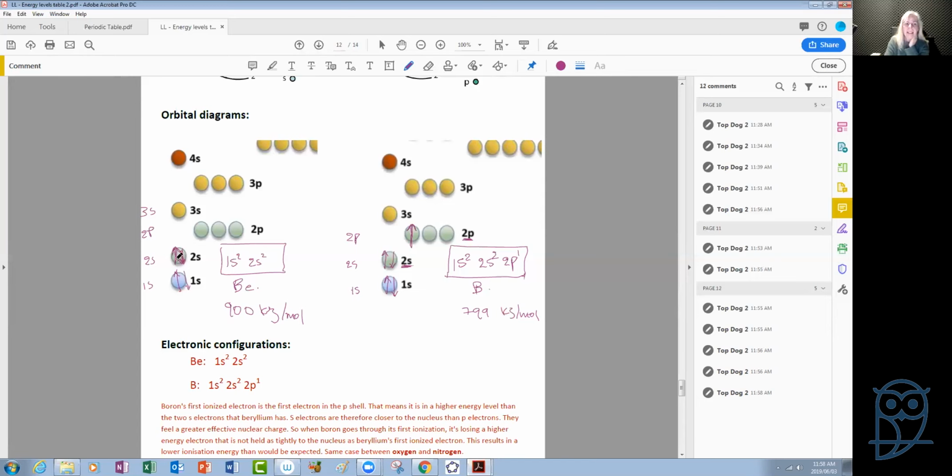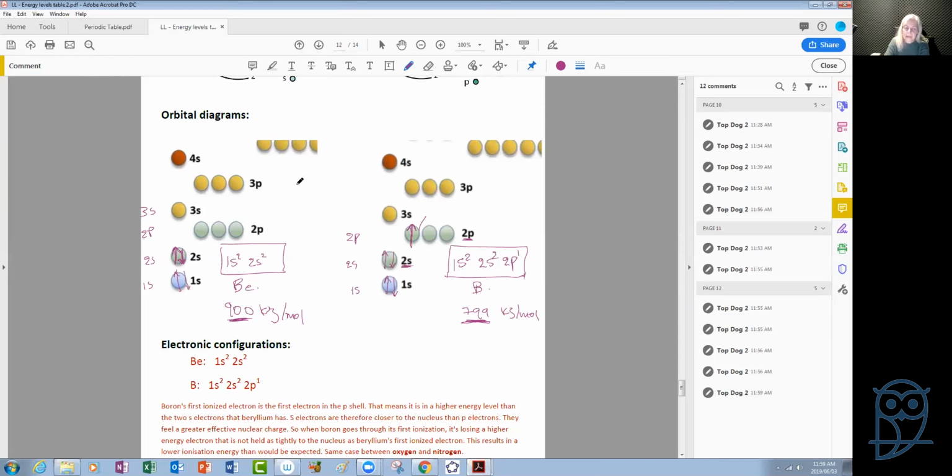It takes more energy to remove one of these 2 electrons that form a pair than this single electron from the 2p orbital. And so it makes sense that this can be removed a lot easier than this one. And that is why this ionization energy is less than the energy required to remove one of these electrons here, the 900.